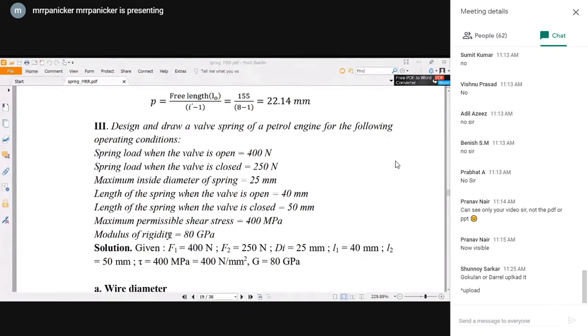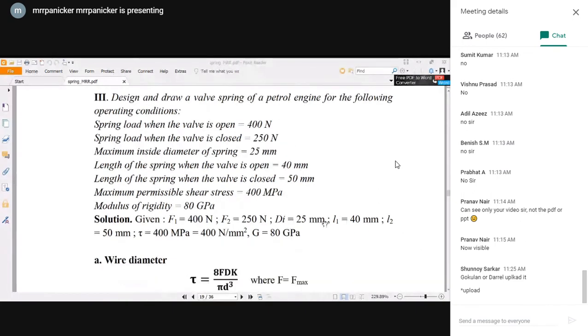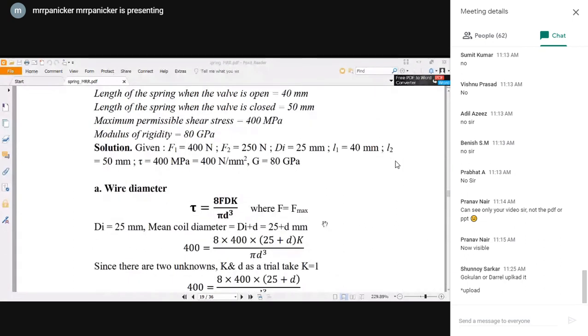Then modulus of rigidity and shear stress are given. And you can have the standard equation for maximum force. Inside diameter, that is di, suffix i is inside diameter, is related to mean coil diameter as capital D equal to di plus wire diameter.